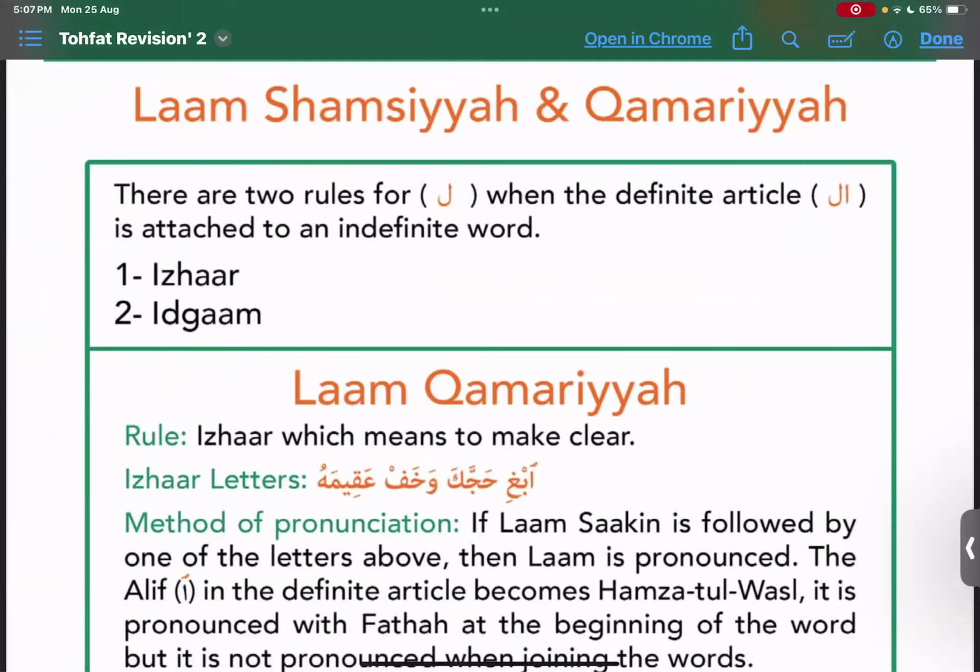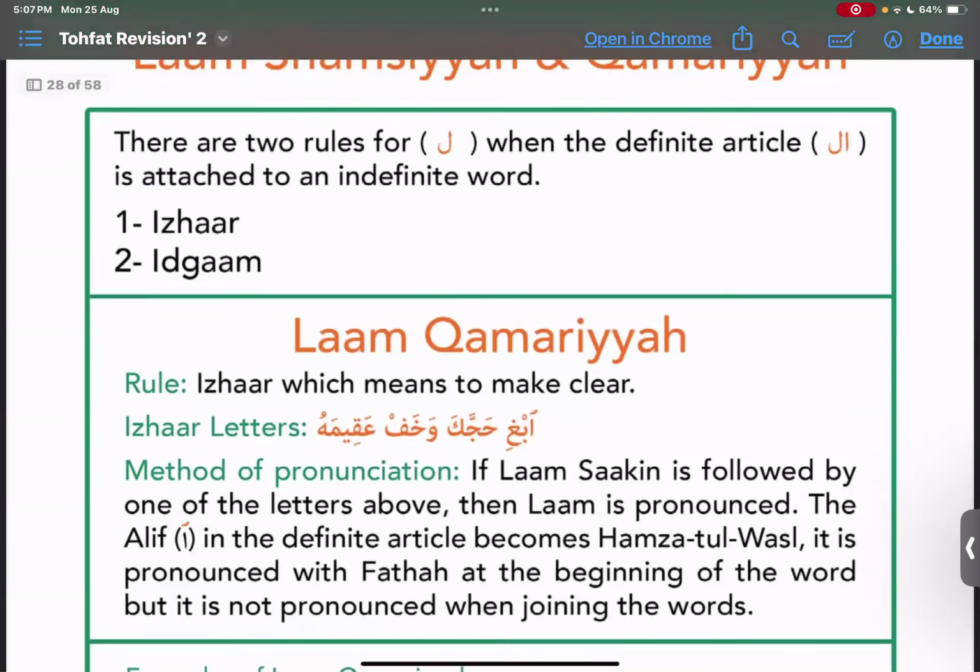Essentially, it is the same as the English word the, T-H-E, the. For example, Al-Kitab, the book. Now, there are two ways of pronouncing the lam in this definite article. We have Izhar, which we call Qamariya, and we have Idgham, which we call Shamsiya.